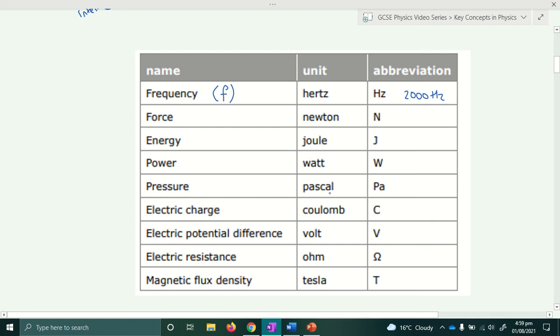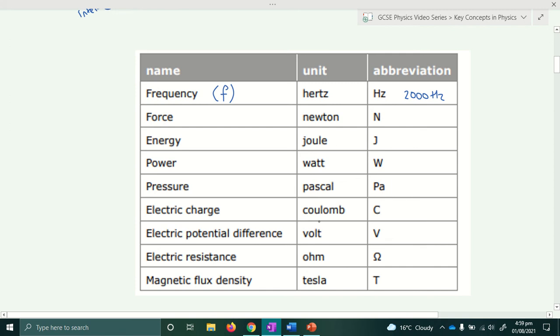Pressure, again named after a fairly famous French scientist, Pascal. That's capital P, lowercase a. Charge, which we'll encounter when we get into electricity, is measured in coulombs, again named after a famous physicist, given the letter capital C. Potential difference, we'll also come across EMF.